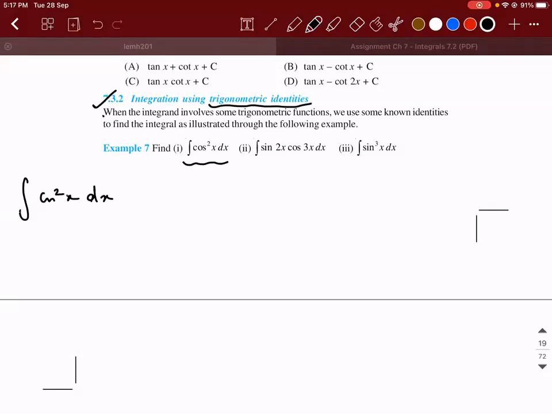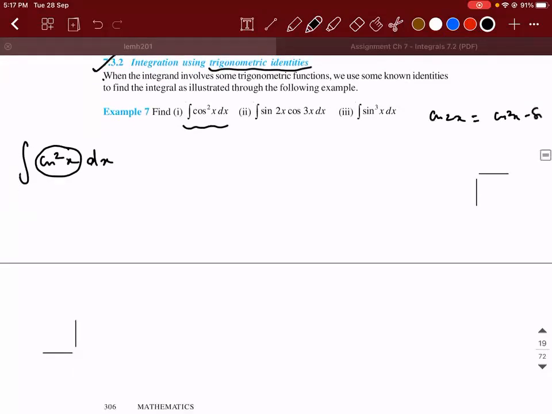Now, how you can solve this cos square x is, there is a formula. We know cos 2x is equal to cos square x minus sine square x, or this is 2 cos square x minus 1, or this is 1 minus 2 sine square x, and this will be cos 2x. This is also cos 2x.